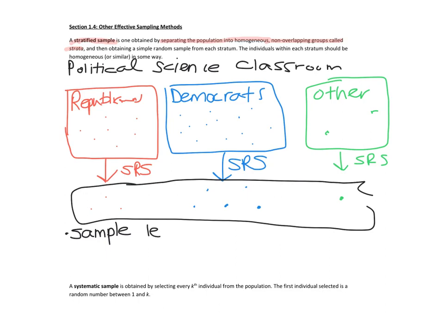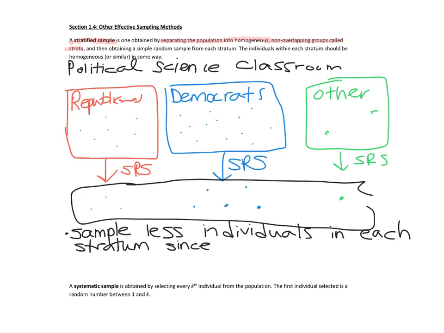So we can sample fewer individuals in each stratum since it's homogeneous. That's a good thing. All right, so I'll do a happy face because that's a positive.